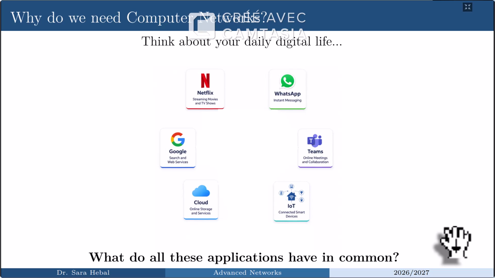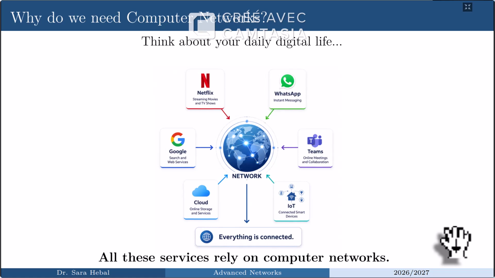They all depend on one common technology. This technology is called computer networks. Without networks, none of these services would be able to exchange information between the different users and the systems located anywhere in the world. This is why networking has become one of the most important areas of computer science.